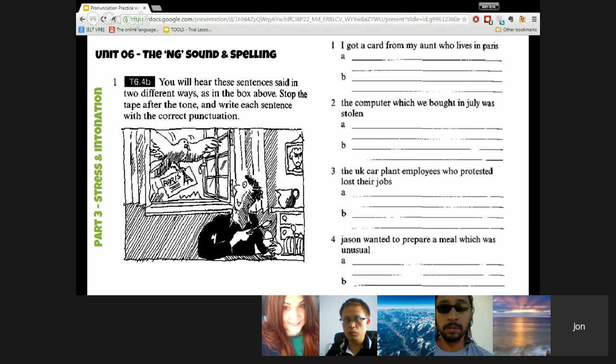In the other version, the UK car plant employees, who protested, lost their jobs, means all of the employees probably lost their jobs, and they happened to protest. It's a coincidence in the sentence that they protested. It's extra information. In the other version with no commas, it's not extra information. It's a description of the employees who lost their jobs.